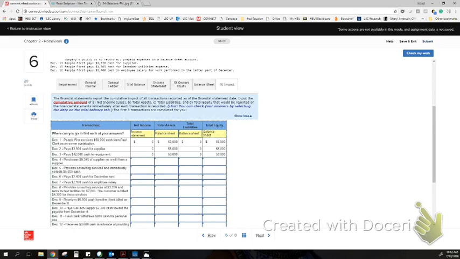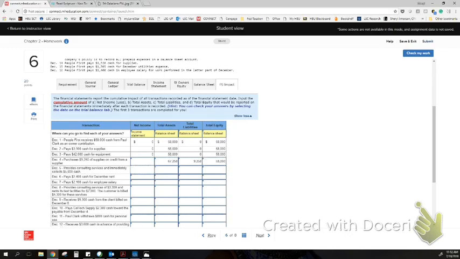So now our assets should be and liabilities, we have new liabilities. So now our balance for total liabilities is not still zero, it is $92.50, and equity is not changed.